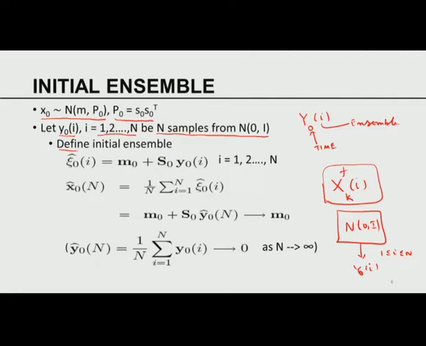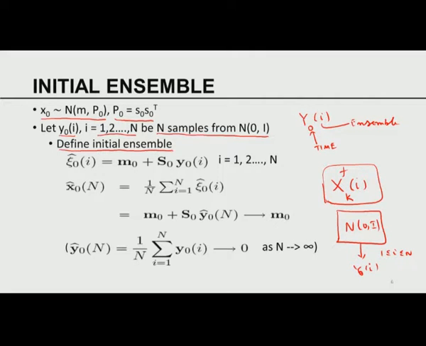Now, what did I have? I have the initial distribution, and I have n members of the samples drawn from a standard normal. I am now going to convert the standard normal ensemble members to ensemble members from the initial distribution, using the previous slide, the connection between x and y.